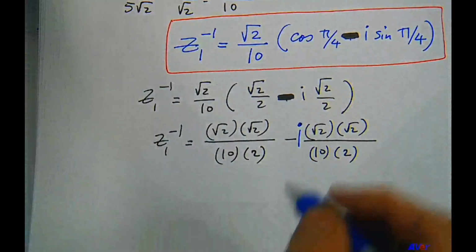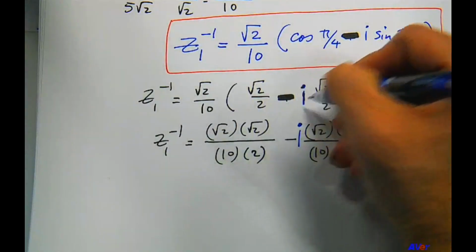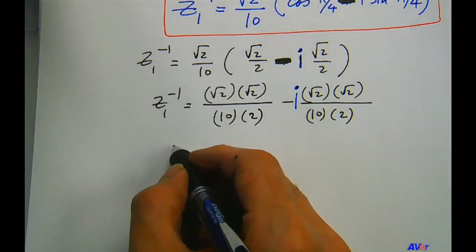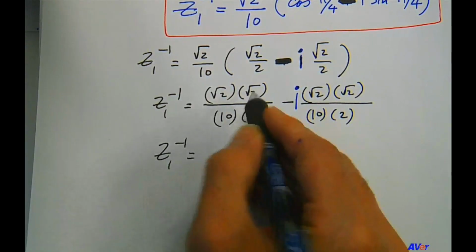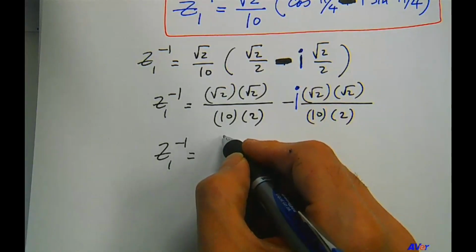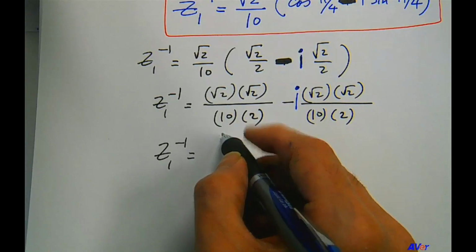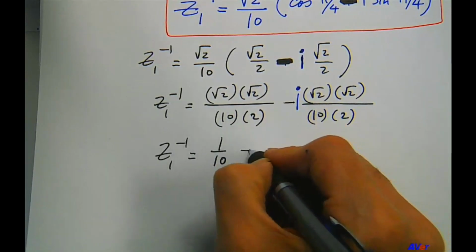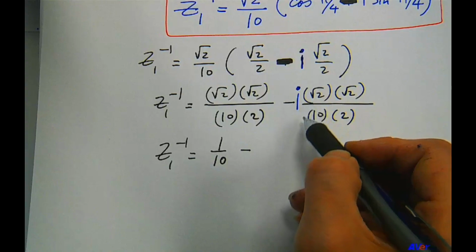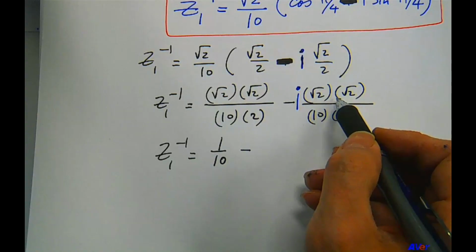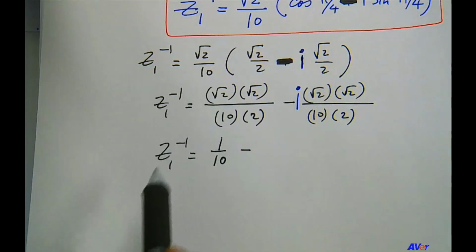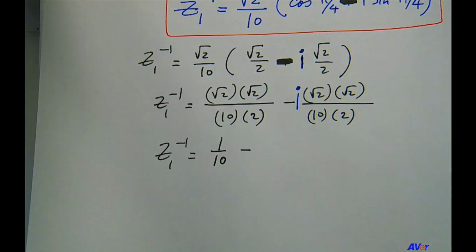Distributing this to that, and this i like that. Okay, so simplifying this, what do we get? We get square root of 2 times square root of 2 is just 2. 2 and 2 cancel out. We end up with 1 over 10 minus square root of 2 times square root of 2 is just 2. And then, let's see, did I get 1 over 10? That should be correct.